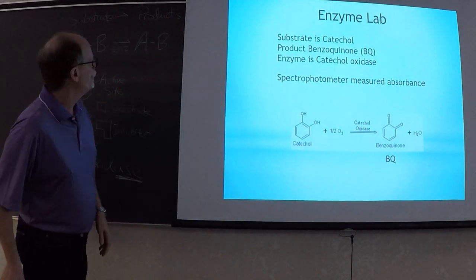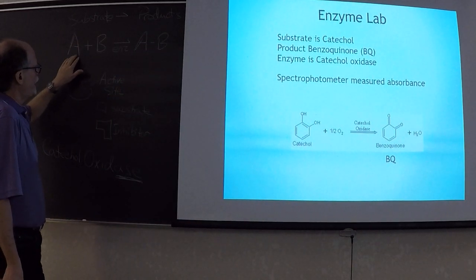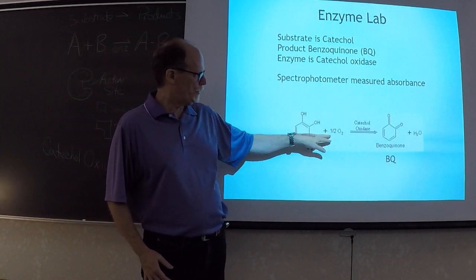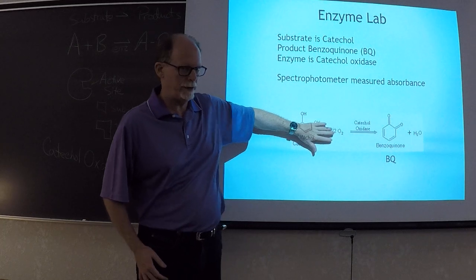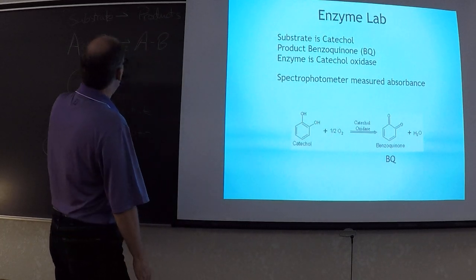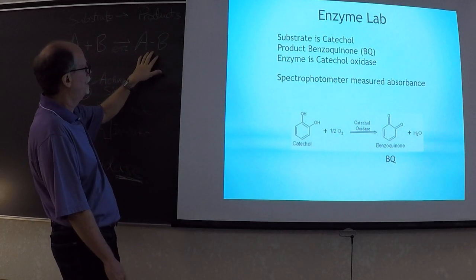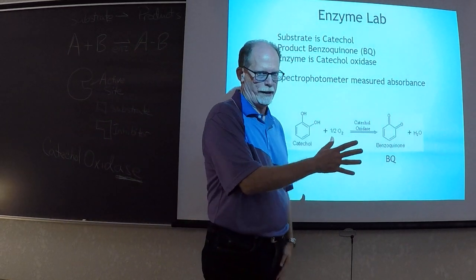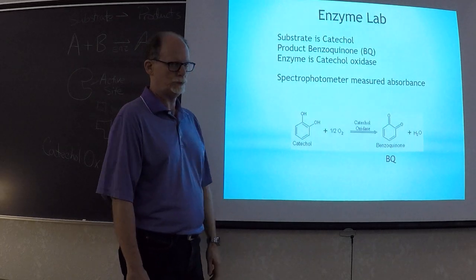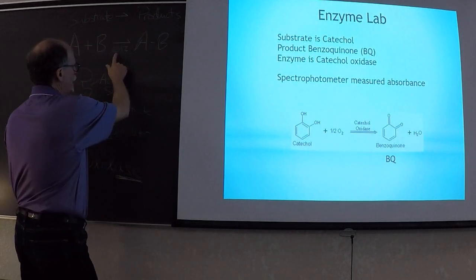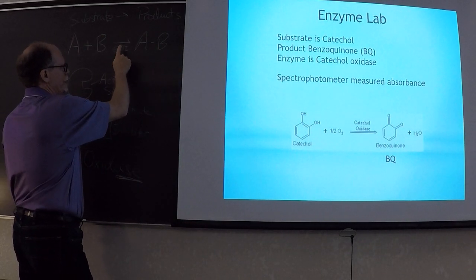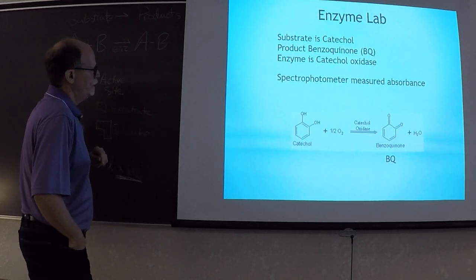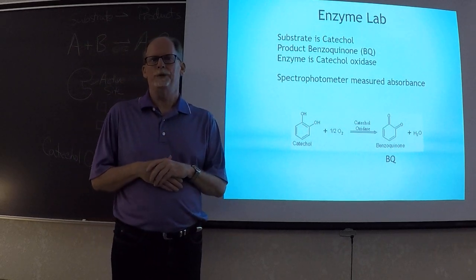So if we take a reaction like A plus B, the substrates are found on this side of the equation, and they become product, which is found on the other side of the equation, on the right-hand side. In biological systems, enzymes are required to make a chemical reaction occur.